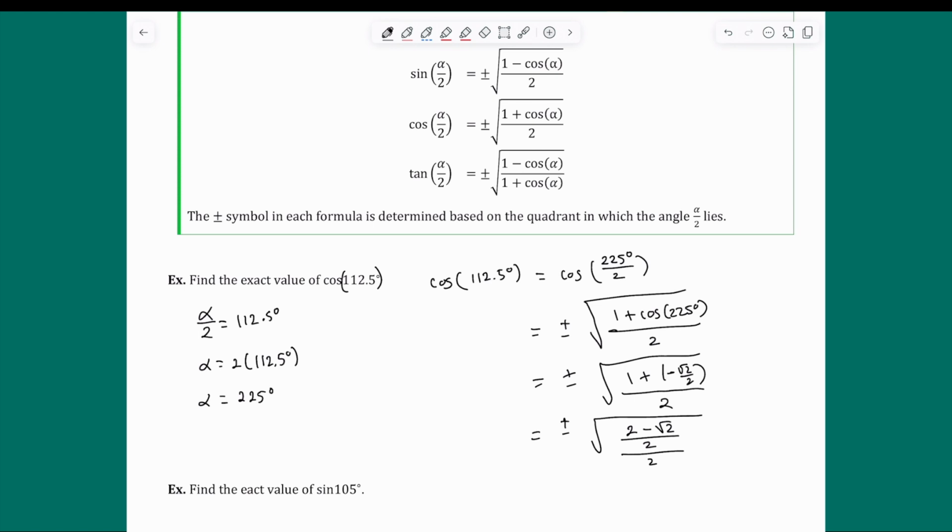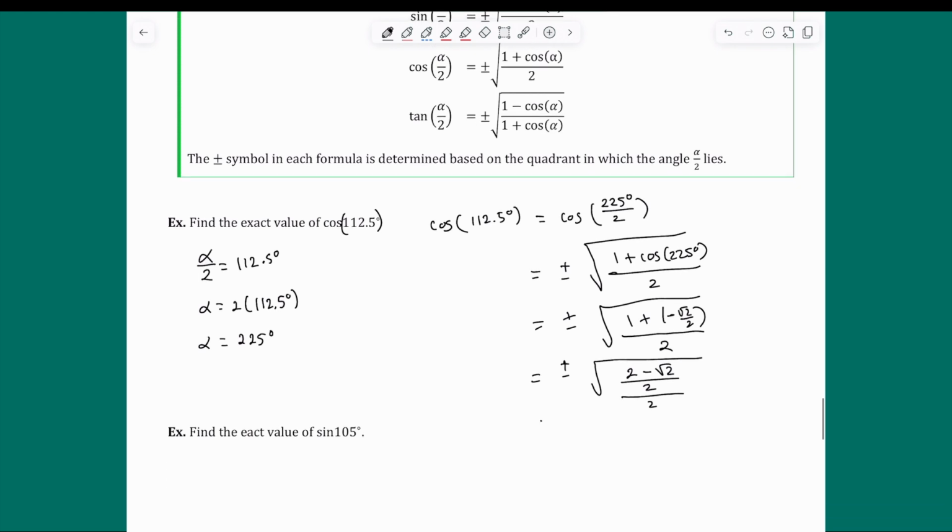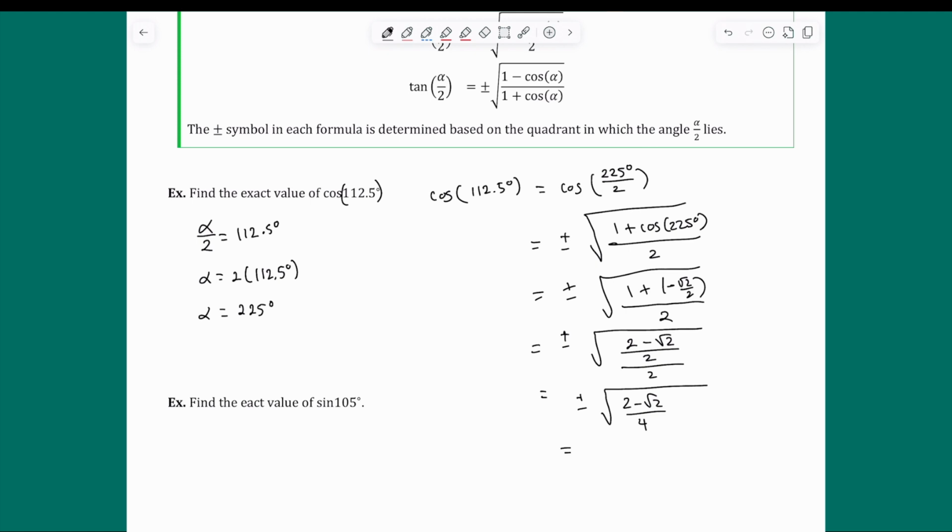Combine the numerator there. And then, of course, this is the same thing as 2 minus root 2 all over 4, and then take the square root on top and bottom, so we get plus or minus the square root of 2 minus root 2 all over 2, because the square root of 2 minus root 2, you can't simplify that, but the square root of 4 is just 2. All right, how do we decide plus or minus?